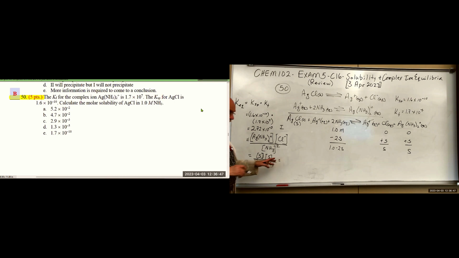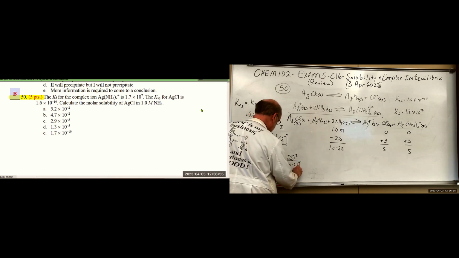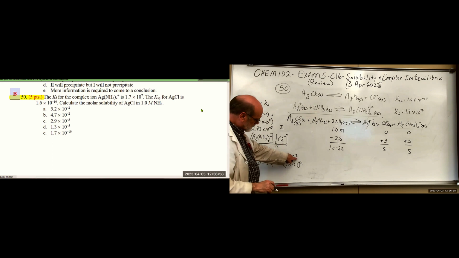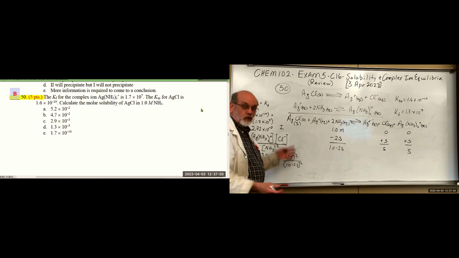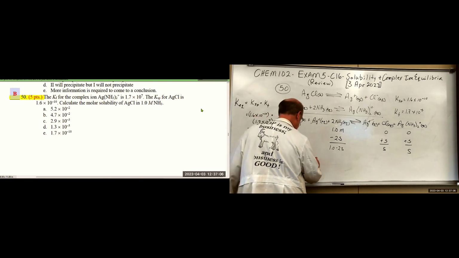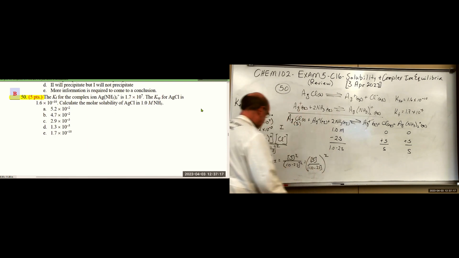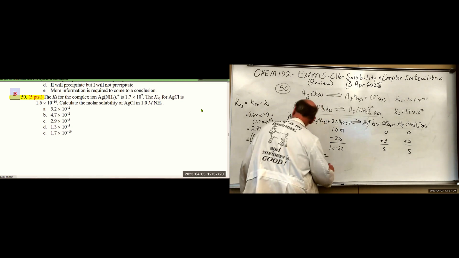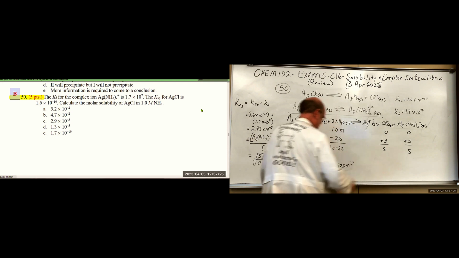Well, s times s is s squared, over 1.0 minus 2s squared. And remember, if this one's squared and that one's squared, it's the same as that one divided by that one, and the whole thing squared. It looks like this. So you have s, you have 1.0 minus 2s, and the whole thing is squared, and that is equal to 2.72 times 10 to the minus 3.